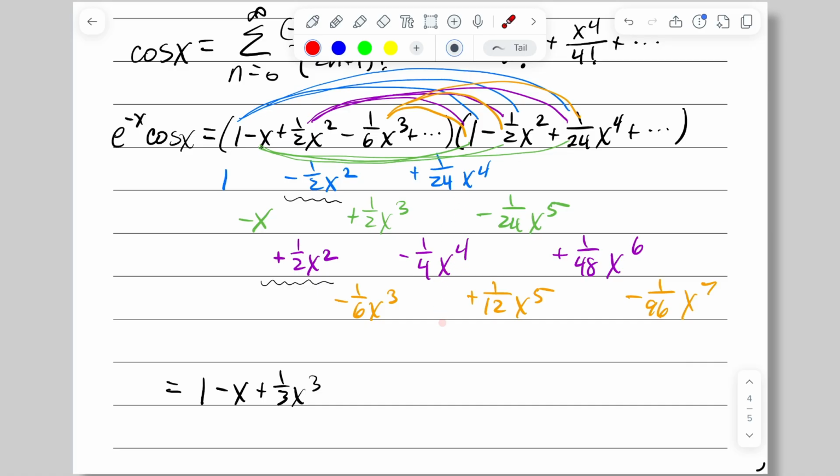And there's an additional x to the fourth that we didn't write down because the 1 from the cosine expression still needs to multiply the next term from the exponential expression. And the next term is 1 over 4 factorial x to the fourth. So I need to include 1 over 24 x to the fourth in our sum of the first 4 terms.